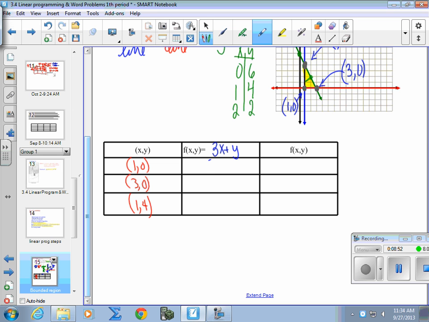So we're going to say 3 times 1 plus 0 is 3. And we're going to take our next point and plug it in. We're going to say 3 times 3 plus 0 is 9.